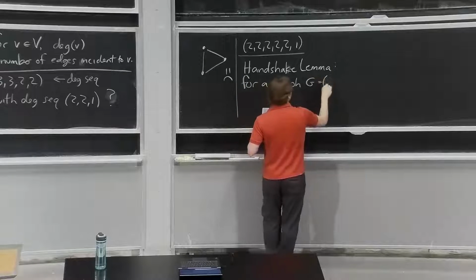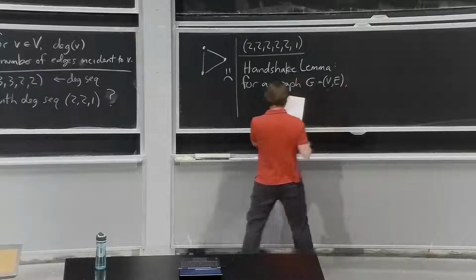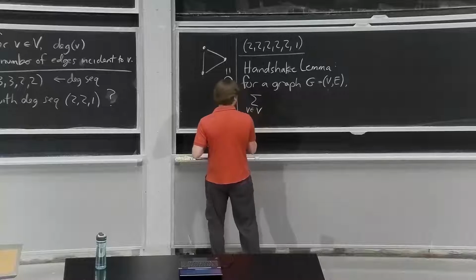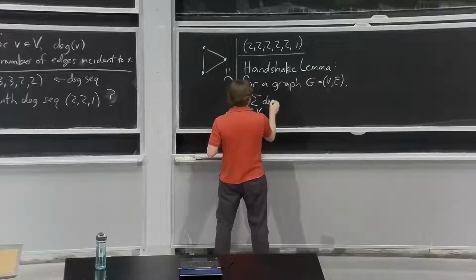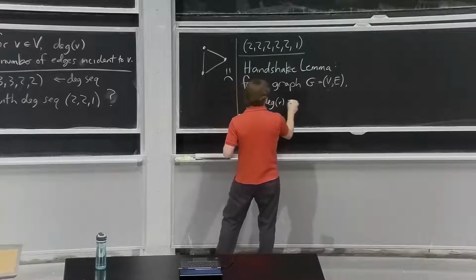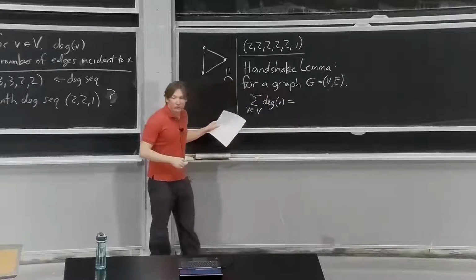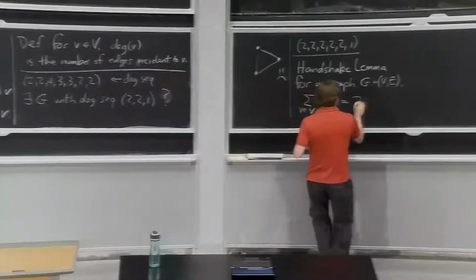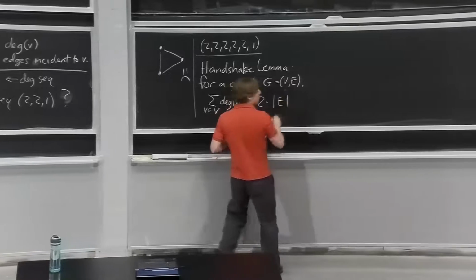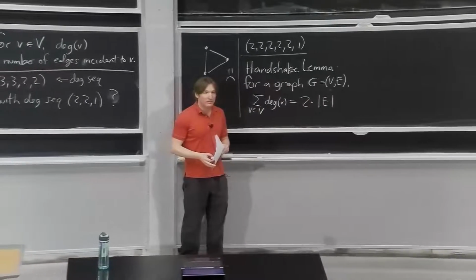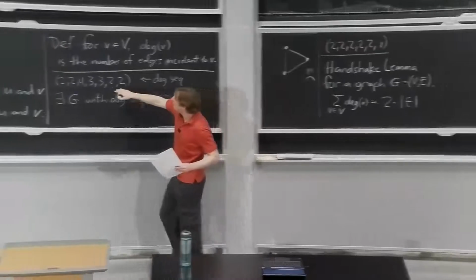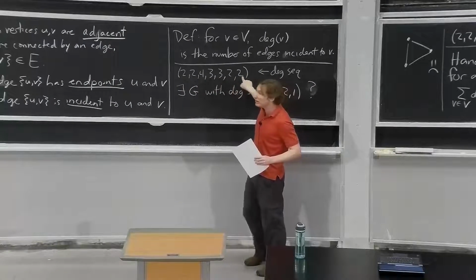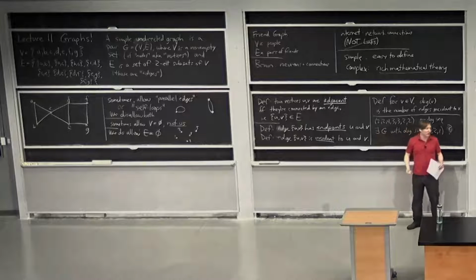For graph G, which is vertices and edges, we have the sum over vertices in the set of vertices of the degree of that vertex equals, so if you take all the degrees and add them all up, your colleague here claimed that what you're going to get is 2 times the number of edges. And we can see that for this example, if we add this up for 8, 14, 16, 18, and there are 9 edges, that checks out.